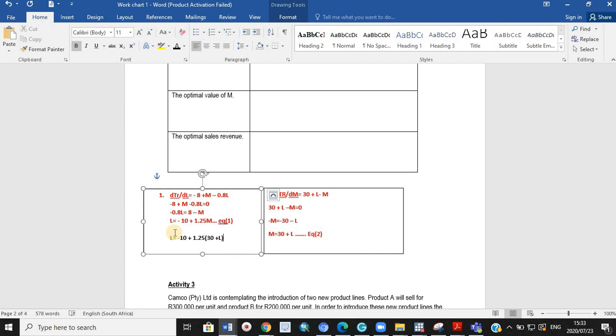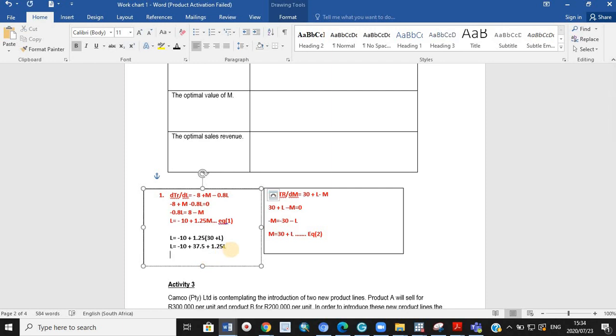So we'll say L is equal to minus 10 plus 1.25 times 30, which is 37.5, right? Plus 1.25L. Very good.